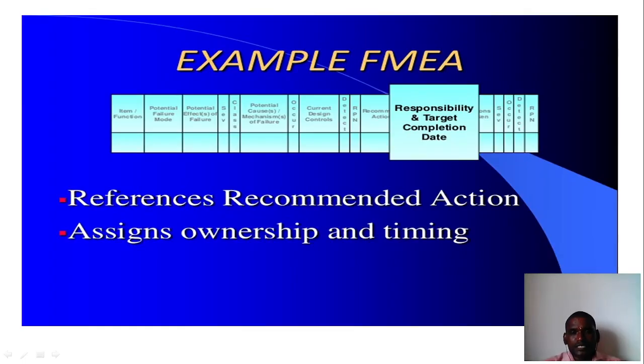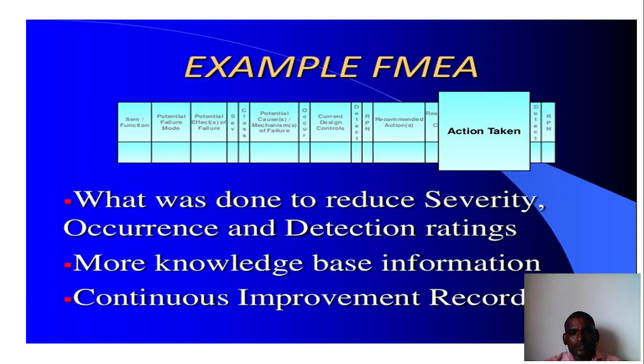Another one, responsibility and target completion date. Here we have to set the end date, that is the target date to complete the particular product. It references the recommended actions and assigns ownership and timing. Okay. So another one, action taken. Based on that failure, you have to record the action taken: what was done to reduce the severity, occurrence and detection ratings, and more knowledge-based information, a continuous improvement record.